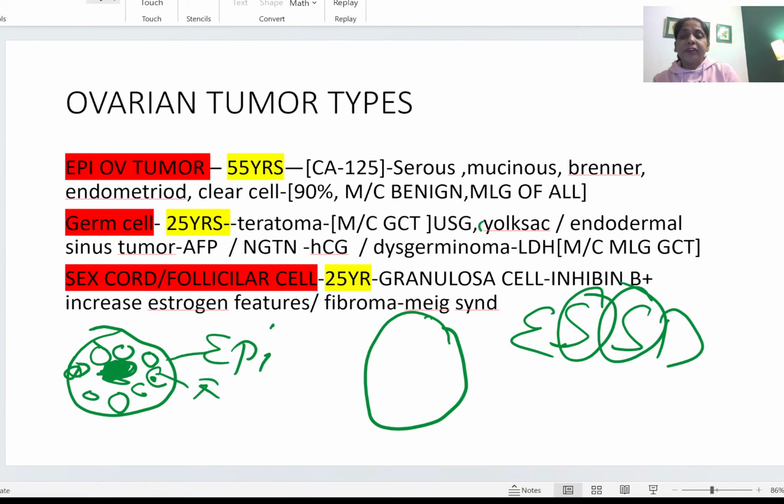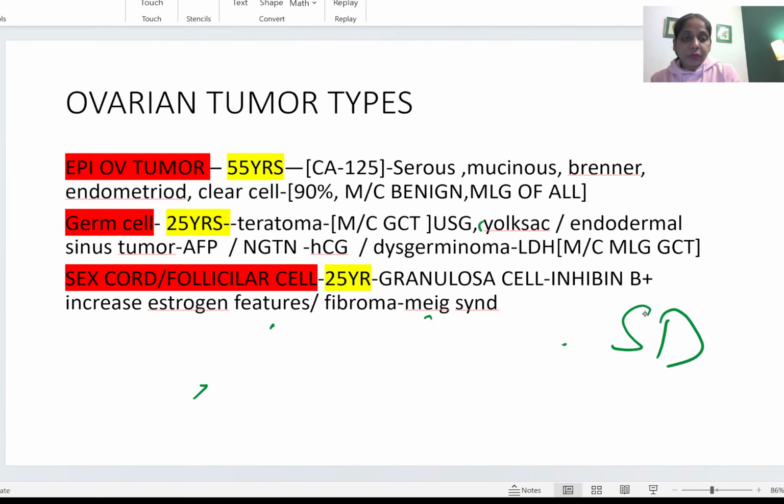Let us see which tumor markers are for which cells. First of all, there are three types of ovarian tumors. All of you please listen carefully. It is very important. A lot of questions are coming from this slide.